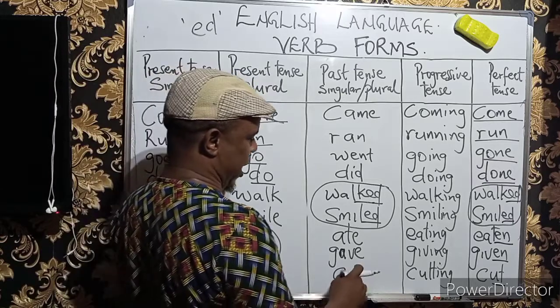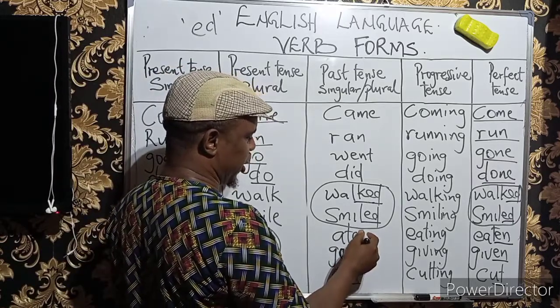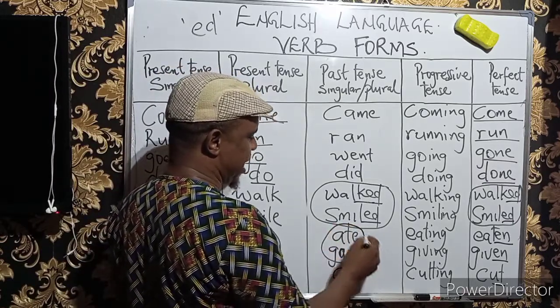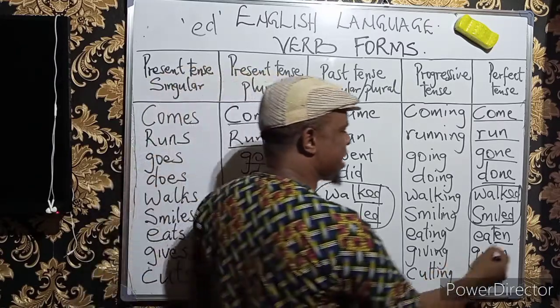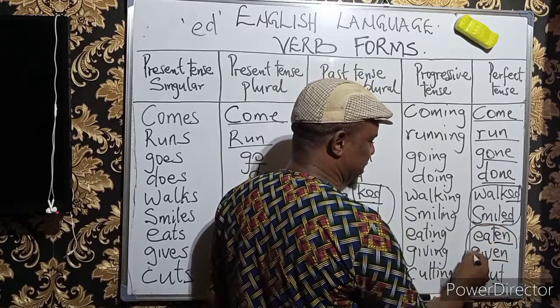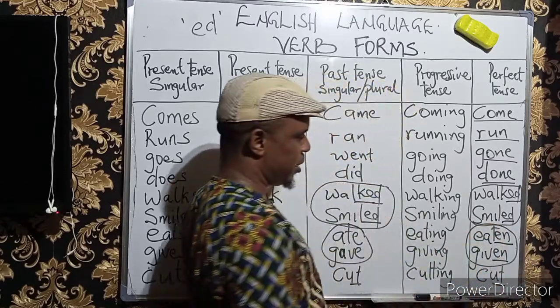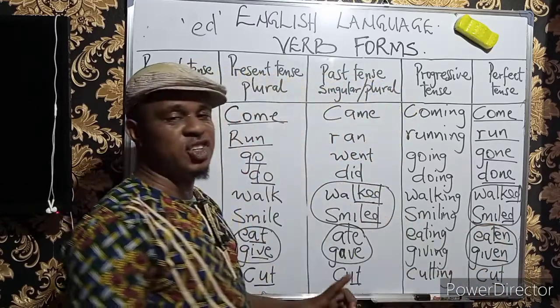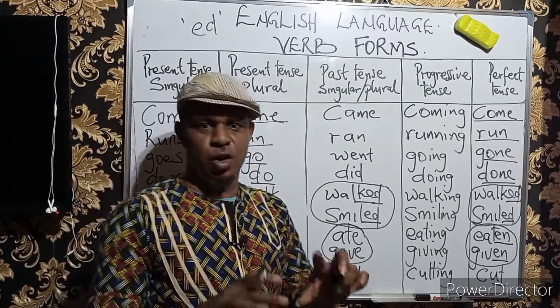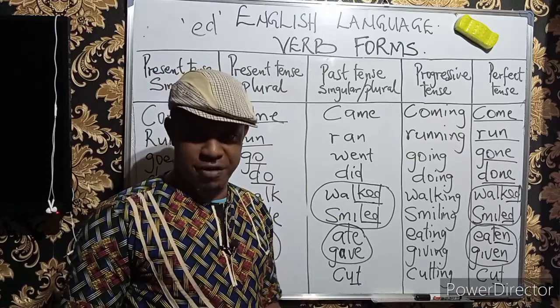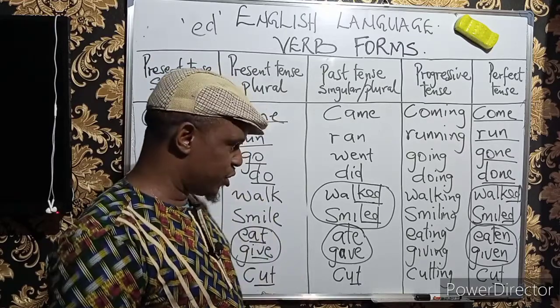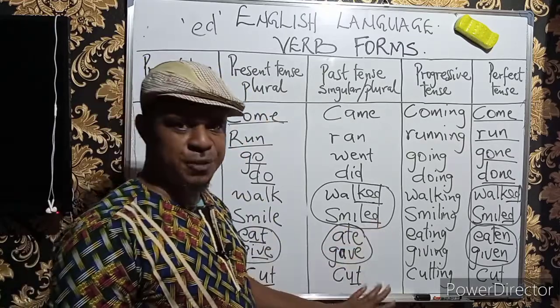Now look at what we have here. In their past tense form, eat turns to ate and give turns to gave. In their past perfect, it becomes eaten and given. Now you can see their spelling changes and their look, everything about them changes. That's why they are irregular verbs. Irregular verbs because they are not steady.